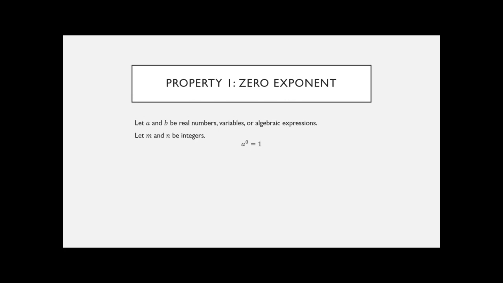So we're going to start with the first property, which is what happens if you have a 0 exponent. Anything with a 0 as an exponent is equal to 1. And so you may be wondering, well, why is that? Why is the rule that if it has an exponent of 0, it's equal to 1?